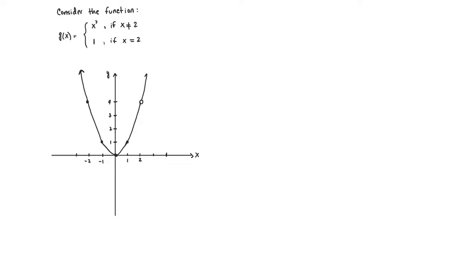Then when x is equal to 2, right here, we know that the y value is going to be 1. That means that there is going to be a closed dot, a dot that is just floating within that xy plane. Nonetheless, this is the entire graph of g of x.